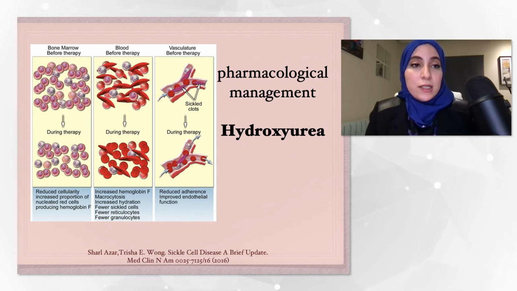Then, as you can see here in the bone marrow before therapy and during therapy, they will have reduced cellularity, increased proportion of the nucleated red cell, which produce hemoglobin F. The blood will have increased hemoglobin F, macrocytosis, which can be monitored as a clue that the patient is compliant to the medication, and also as an important measure to reach the appropriate dose for this patient.